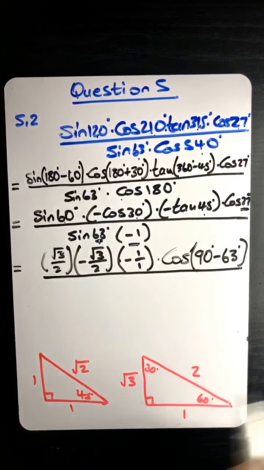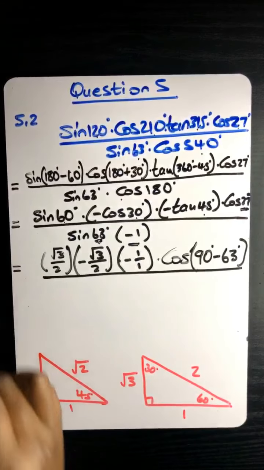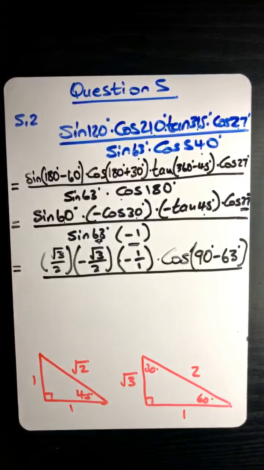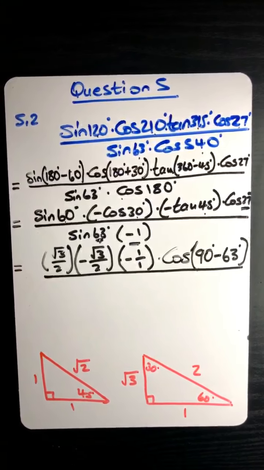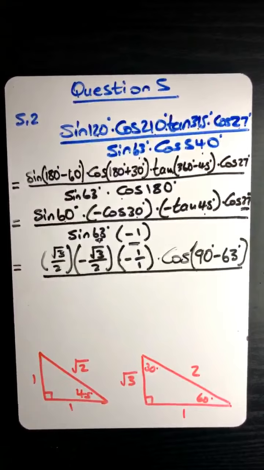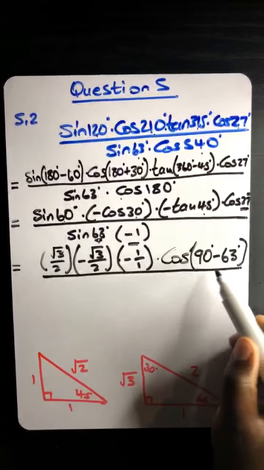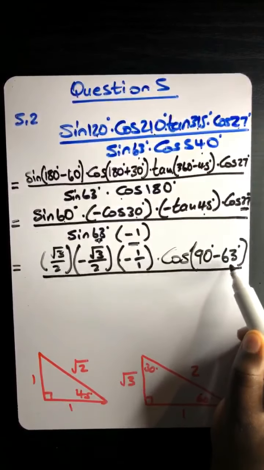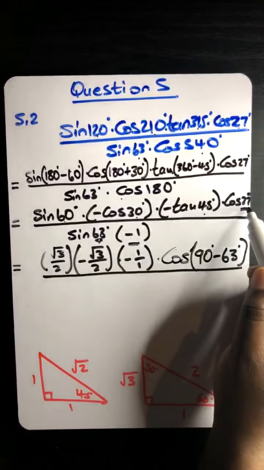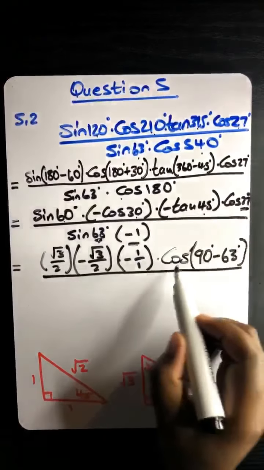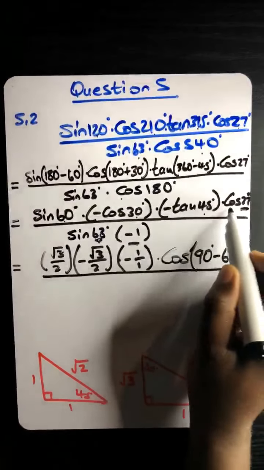Who's got a question, guys? Do you agree that 90 minus 63 is equal to 27, and therefore cos of 90 minus that is equal to that?